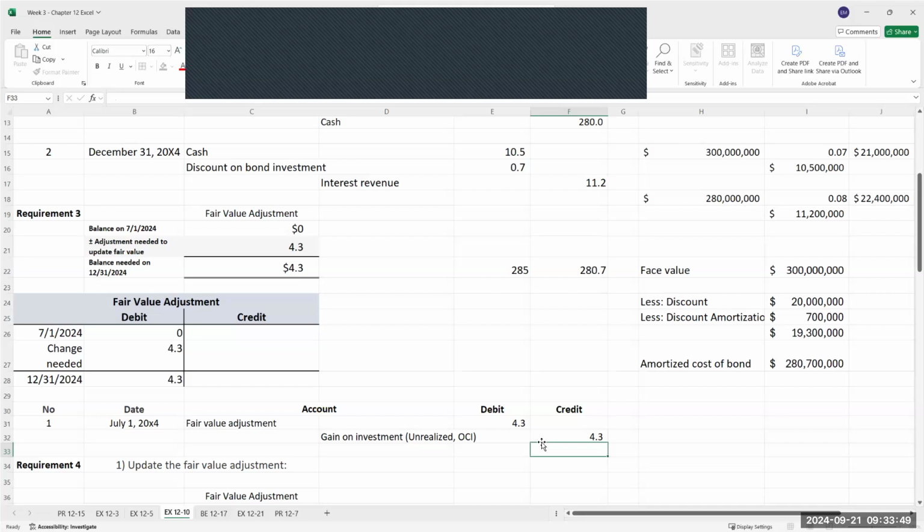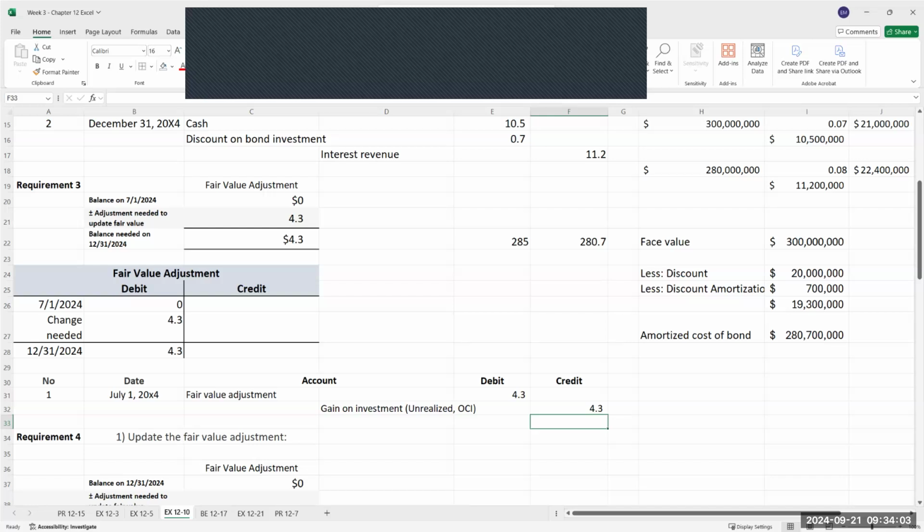So in the previous example, we essentially did unrealized net income because it was considered a trading security. But for our available for sale securities, we consider it a part of other comprehensive income. So please keep that in mind as you are preparing the journal entry.